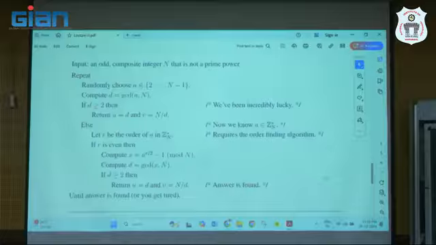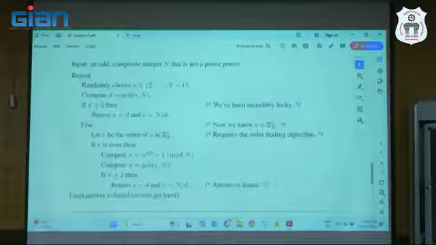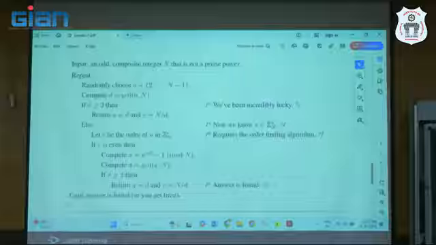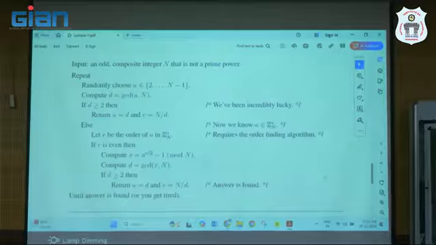It's a separate algorithm. So if it is a prime power, finding the factor is easy. So we are assuming it is not a prime power also. Agreed? That is the interesting case, when it is odd and not a prime power.